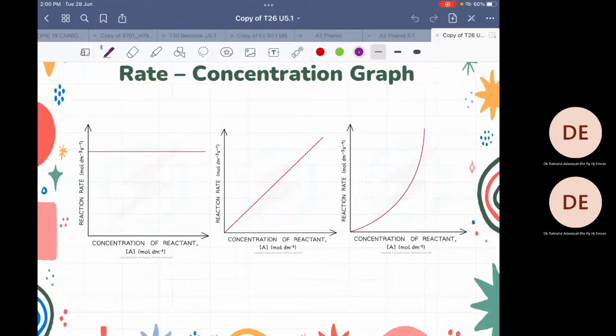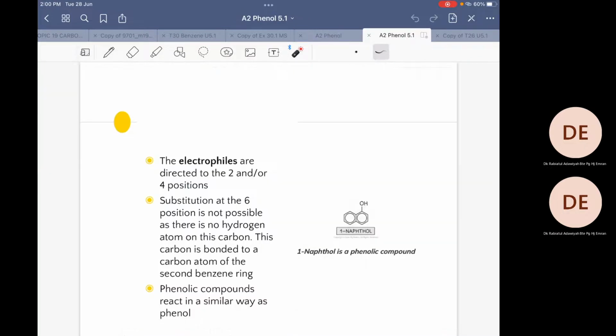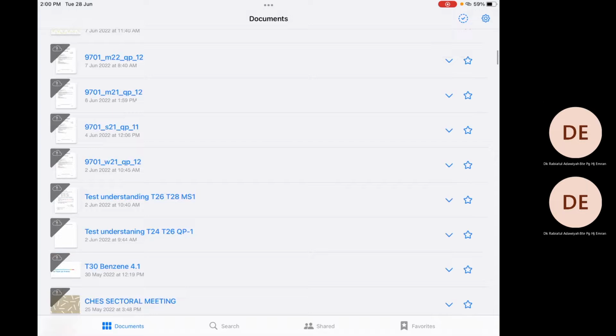rate concentration graph. Okay, so if it's a horizontal line, it's zero order. If it's a straight line, it's first order. And if it's a curve, it's second order. Okay, so this is an example where, yes, you are expected to know your theory as well.